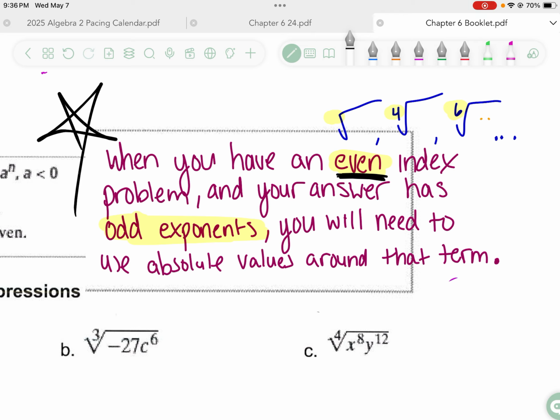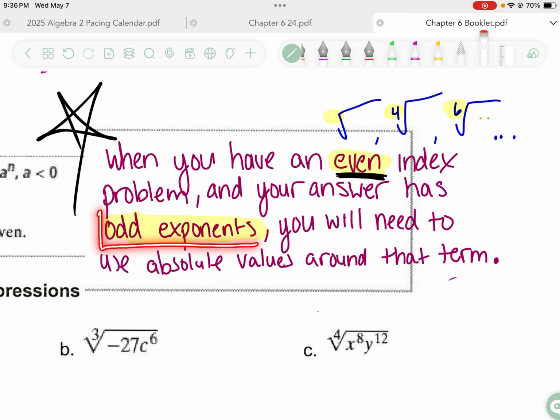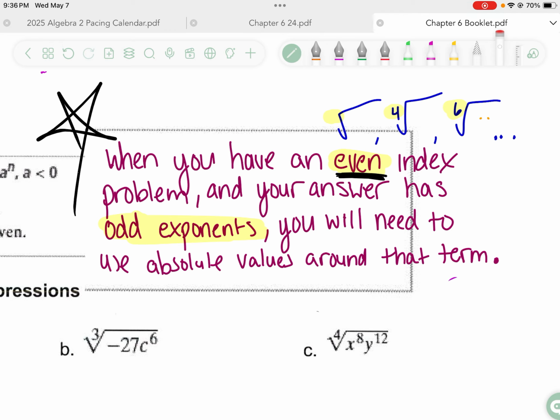So when you have an even index, okay, so 2, 4, 6, and your answer, after you simplify whatever's inside, has odd exponents, you will need to use absolute values around that term. So let me give you an example of what I mean.